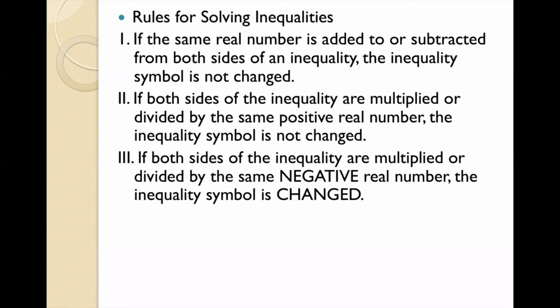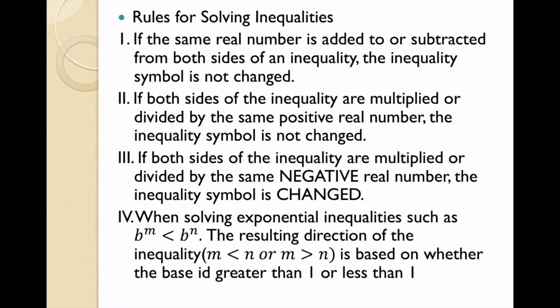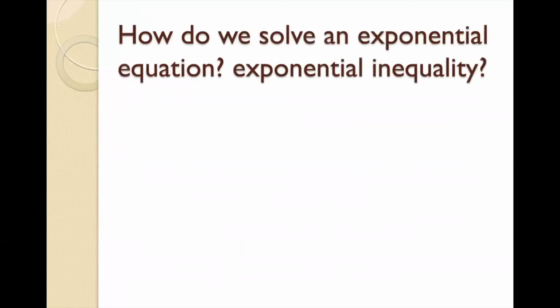However, if both sides of the inequality are multiplied or divided by the same negative real number, the inequality symbol should be changed. So when solving an exponential inequality such as b raised to m less than b raised to n, the resulting direction of the inequality, m is less than n or m is greater than n, is based on whether the base is greater than 1 or less than 1.